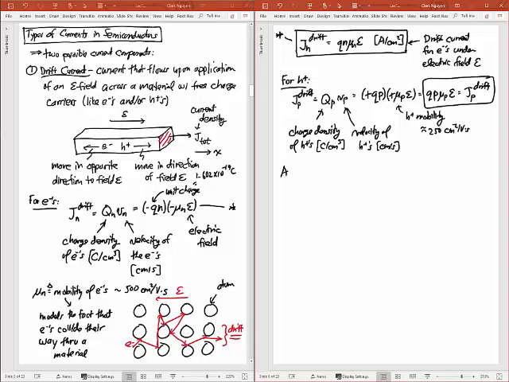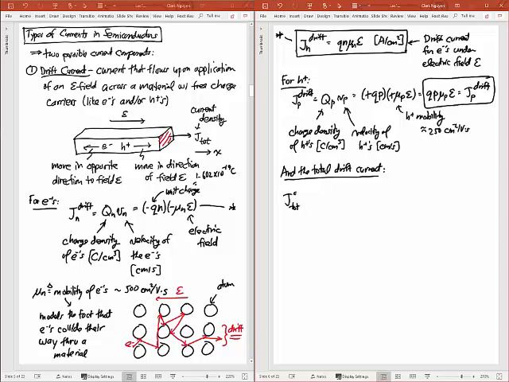And so the total current, if you have both holes and electrons in sufficient quantities, you have to add these two currents together.